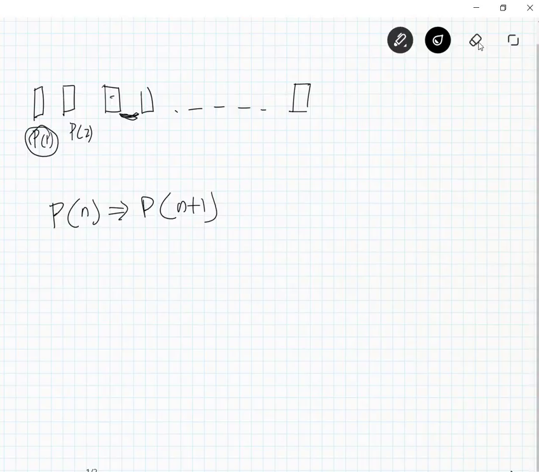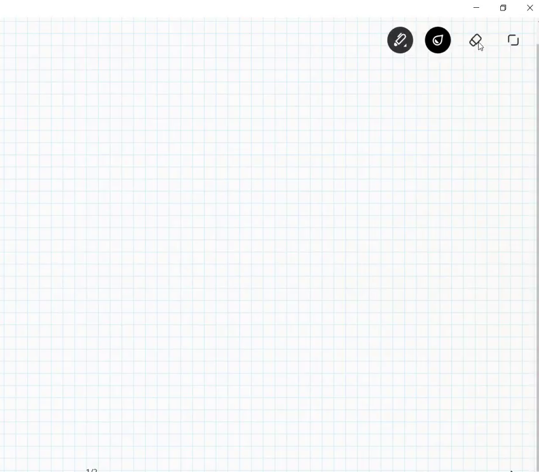Then P of 1 being true is like pushing the first domino. So all of the dominoes are going to fall just from that information. You don't have to check every single case. You just need to check the first case, and then check the relationship between successive cases.